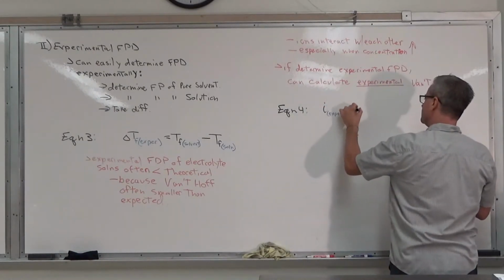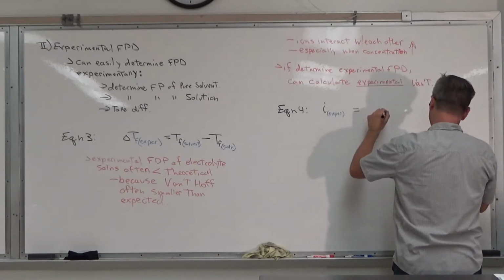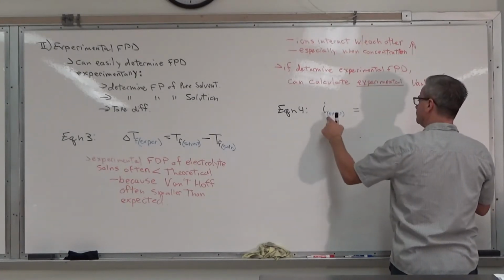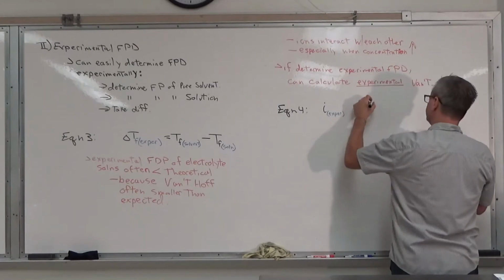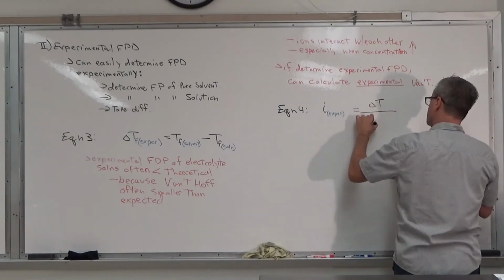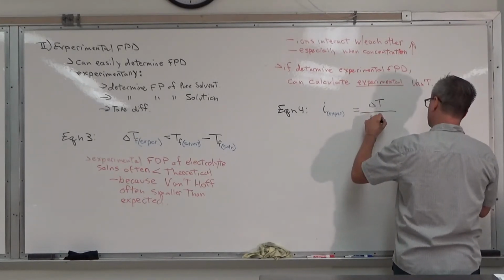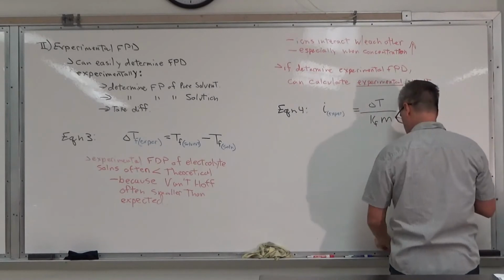I've just simply solved for this, just rearranged equation 2 for the Van't Hoff factor. The delta T, still the same freezing point depression constant for whatever solvent it is, and the molality.